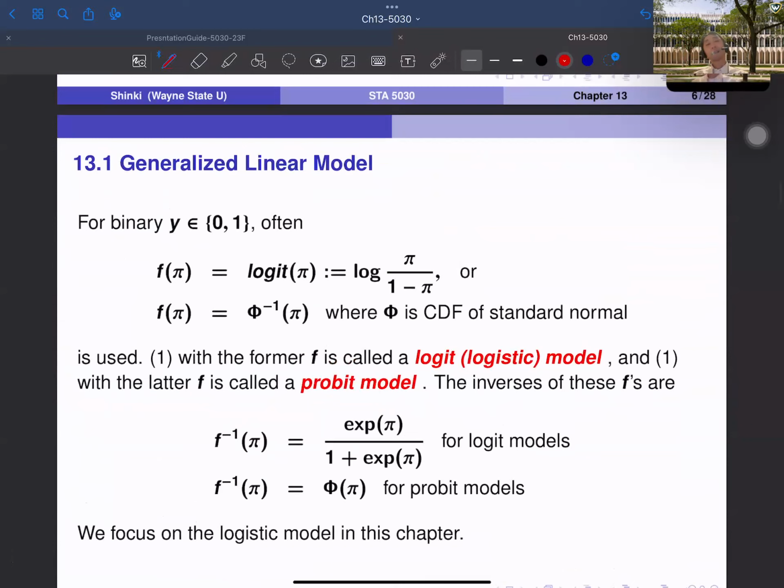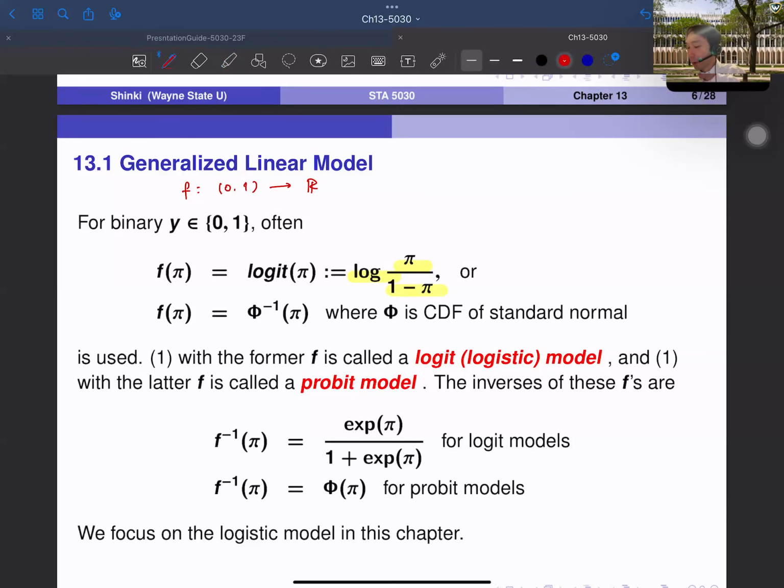And what's the exact function f? As long as f maps the open interval 0 to 1 to the entire real numbers, it satisfies the necessary condition, but often we use this function specifically: the log of pi over 1 minus pi.